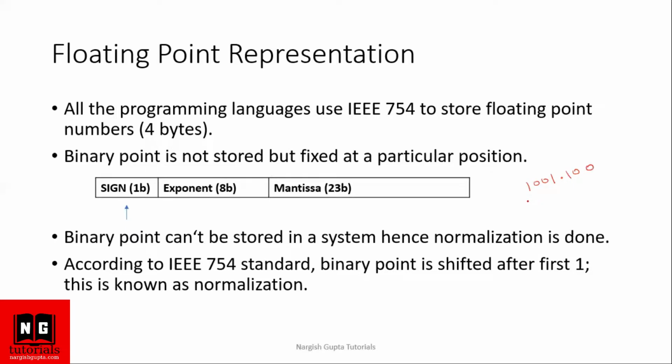Now if I have to write it in the floating point representation, then this point will float after the most significant one, and this will become 1.001100. So this is how we do it in floating point representation. And because this point floats towards the most significant one bit, this is the reason we call it a floating point representation.